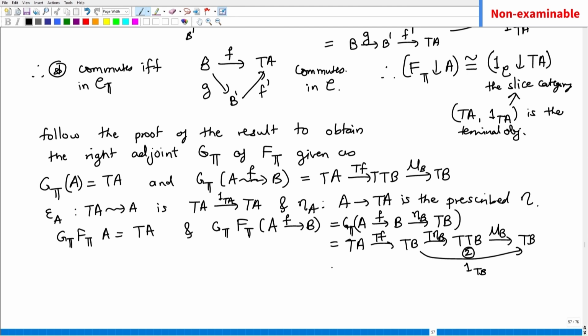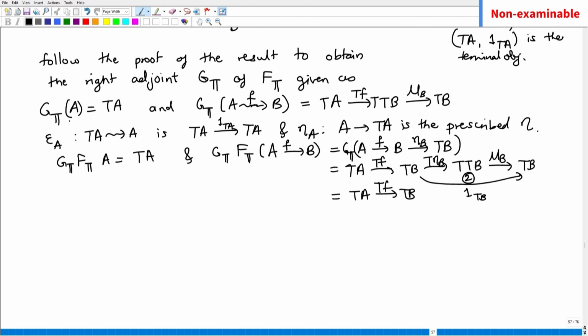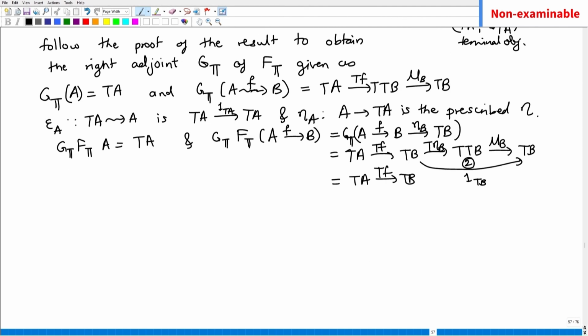So therefore this is just TA to TB. Okay, so G_T F_T acts on objects and morphisms the way we want it to. So it is actually the endofunctor which was given as part of the data of our monad.